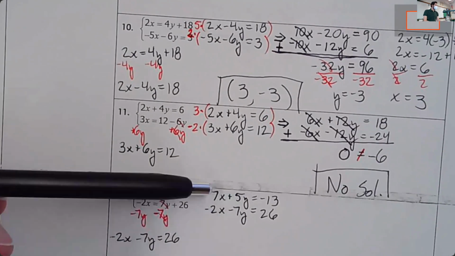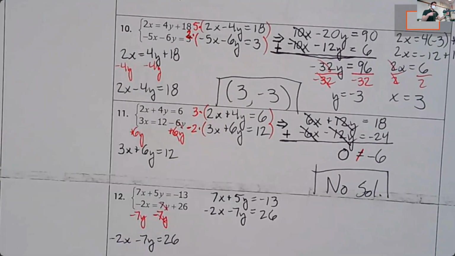And because you can't just multiply one of the numbers to make it equal the other one, that means we have to multiply both equations. So looking at the x's and the y's, which of those two do you think would be easier to match, x's or y's? Probably the x. I would agree with that.